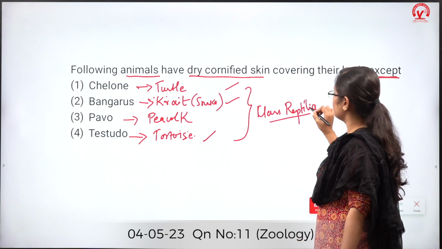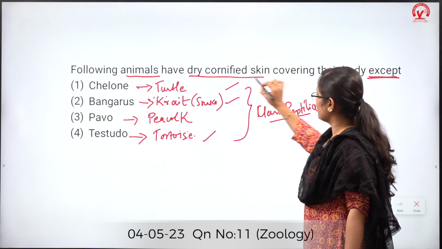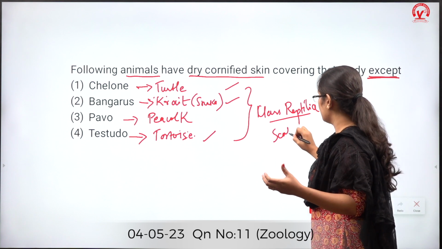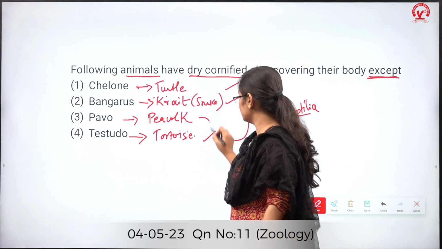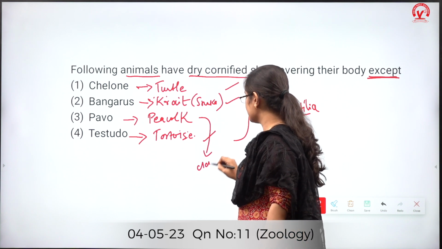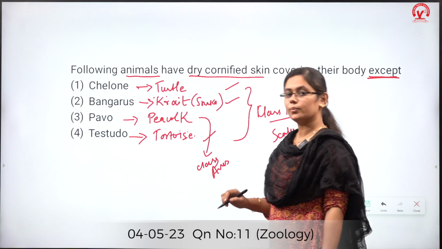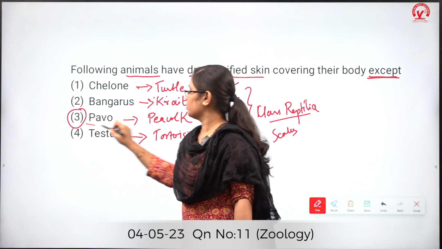The typical feature of class Reptilia is they have dry cornified skin, that is scales. Whereas Pavo, peacock belongs to class Aves, so they don't have scales on their body. So the correct option is option 3, Pavo.